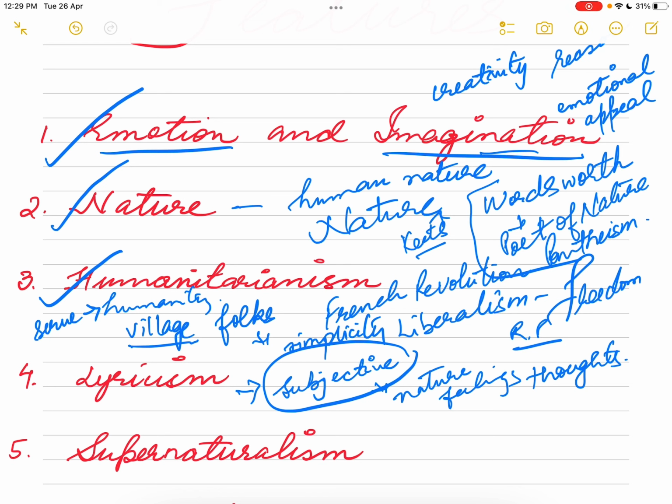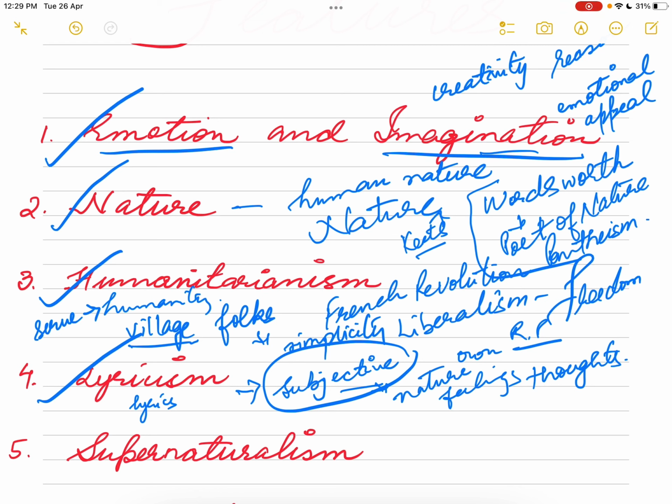These poets were deeply subjective. And this subjectivity led them to write what? It led them to write lyrics. Lyrics basically are songs. And almost all the Romantic poets have fine lyrics to their credit. So lyricism is about subjectivity, which means the poets are presenting their own feelings, personal nature, and thoughts.